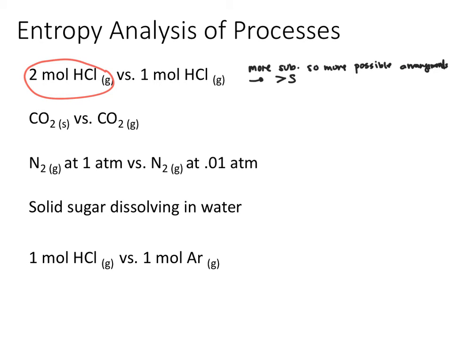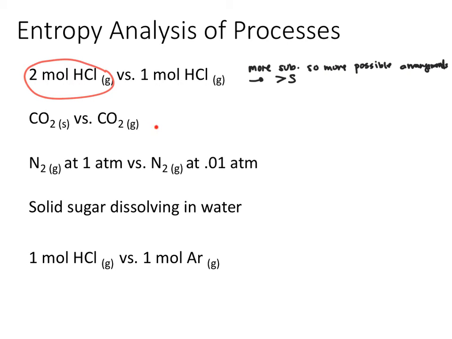Okay, so now that we've analyzed that one, let's look at our next example. Our next example is CO2 solid versus CO2 gas. Okay, so in this case, we're going to be looking at our capability of motion. So in this case, the molecules, again, are the same type of substance, but we have different phases.